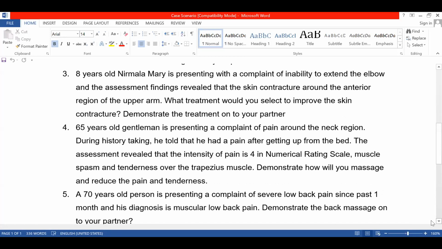For my question, my patient has skin contracture around the upper arm. So first I will do touch at the upper arm, then follow with stroking. Then after stroking, I will do effleurage from distal to proximal.